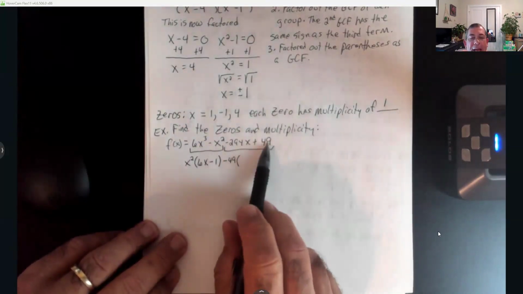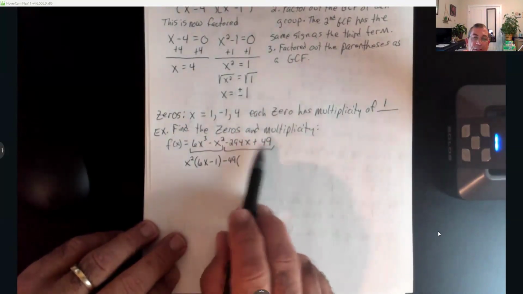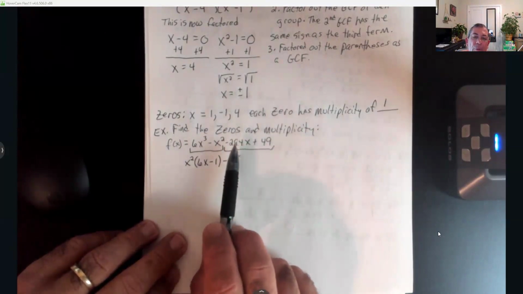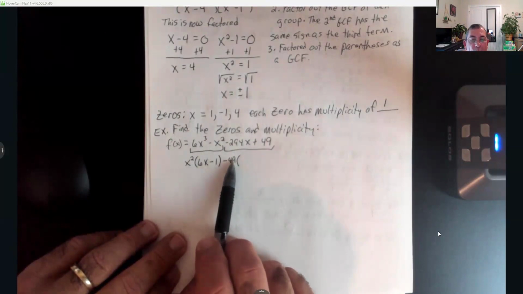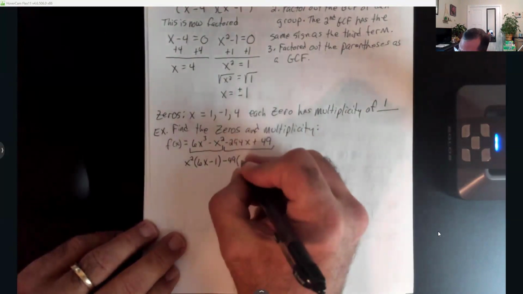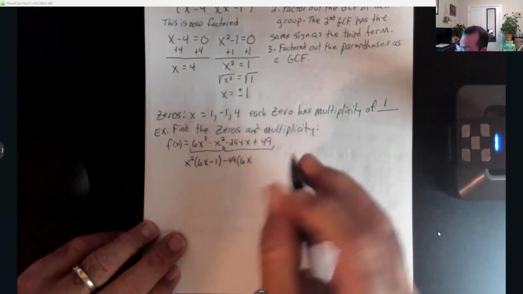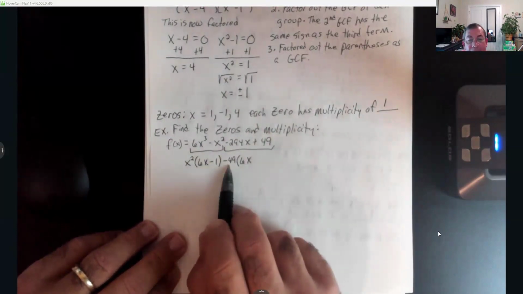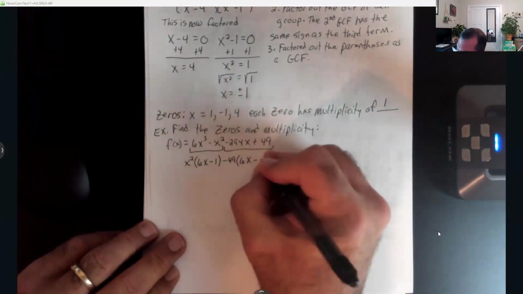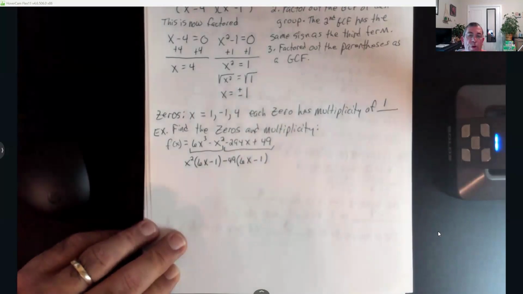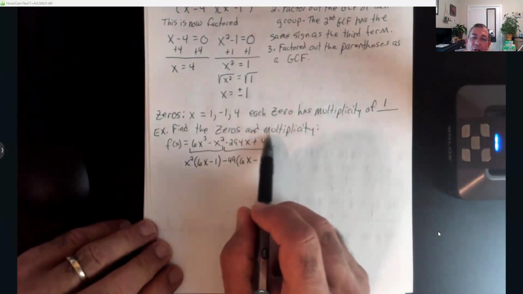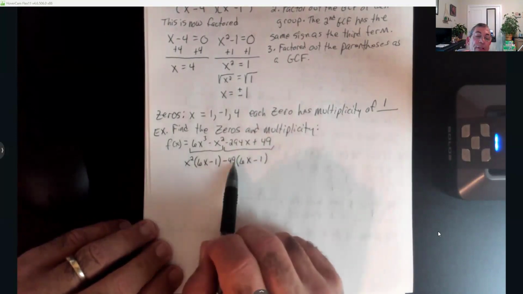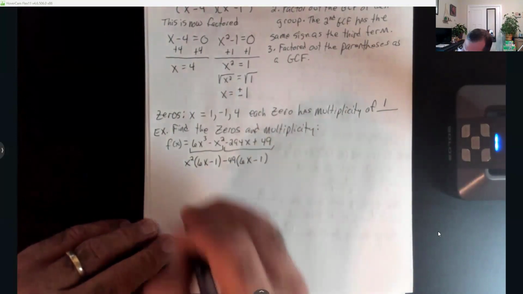So 49 will divide into both of these numbers. So y'all, here we go. A negative 294 divided by a negative 49 leaves me 6x. And then 49 divided by negative 49 gives me my negative 1. So on this one, that last number is usually the GCF, okay?